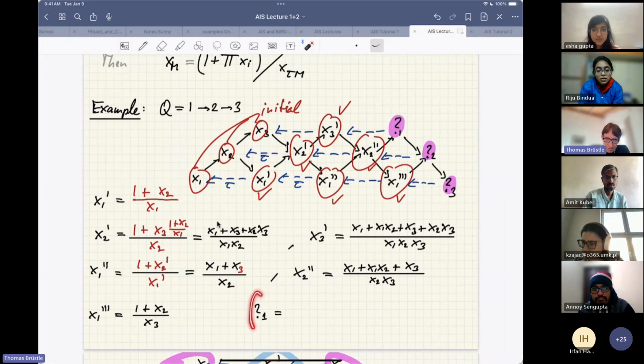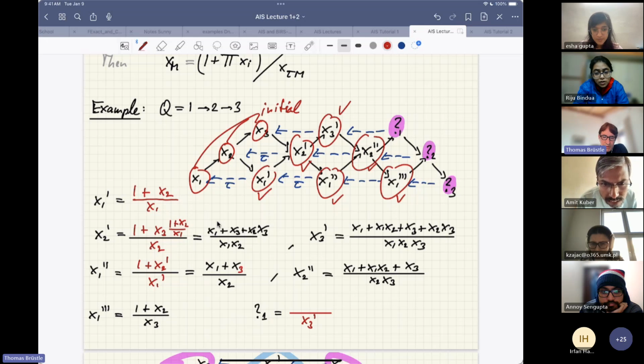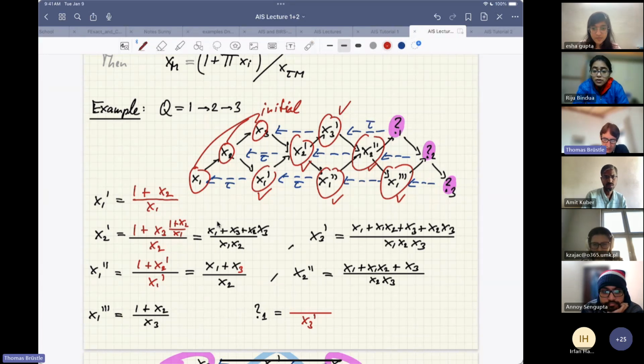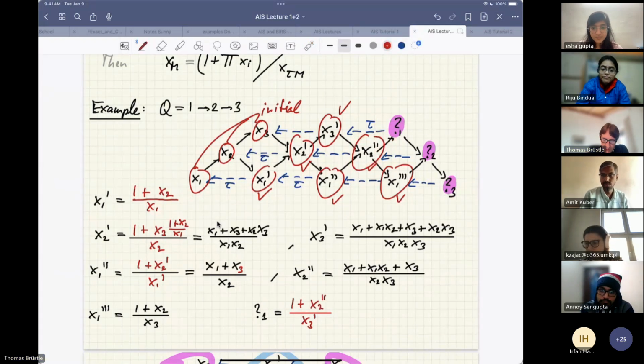The first question mark is here, and it will be given by a quotient. I divide by x3 prime, because that is tau of this one, right? And in the numerator, I'm going to have to write 1 plus the product of everybody who goes in, and this is x2 double prime, correct?